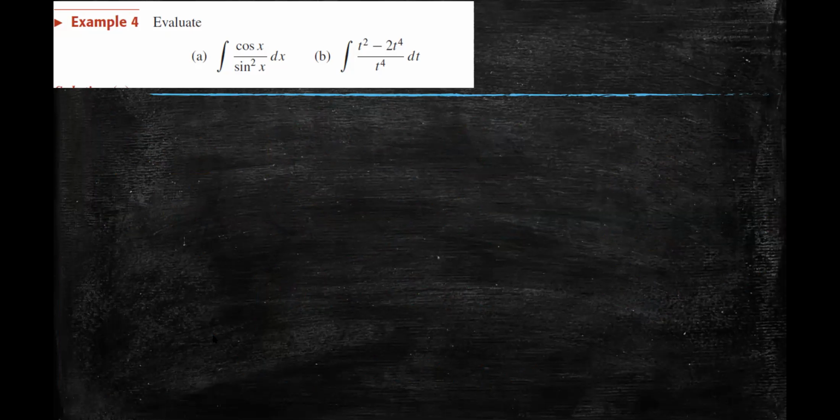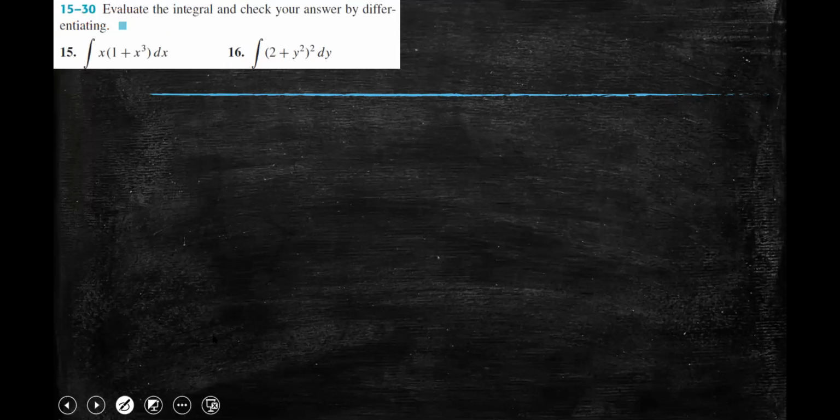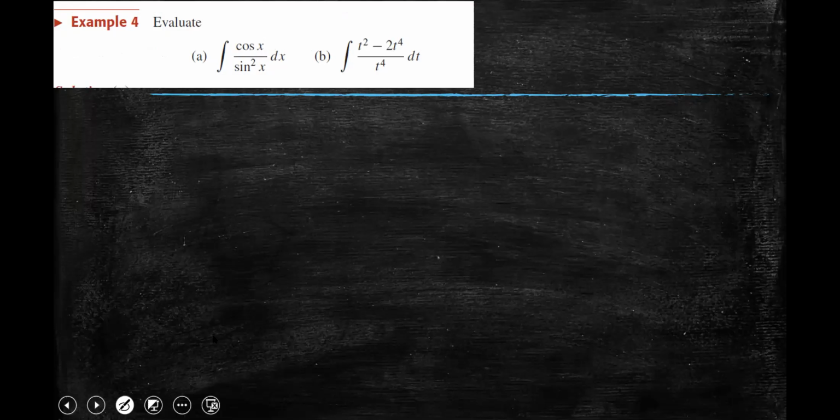Let me write it here first: the integral of t squared minus 2t to the power 4 over t to the power 4 dt. Why do I write it with dt? Because the variable here is t, so that means I want to find the integral with respect to t.